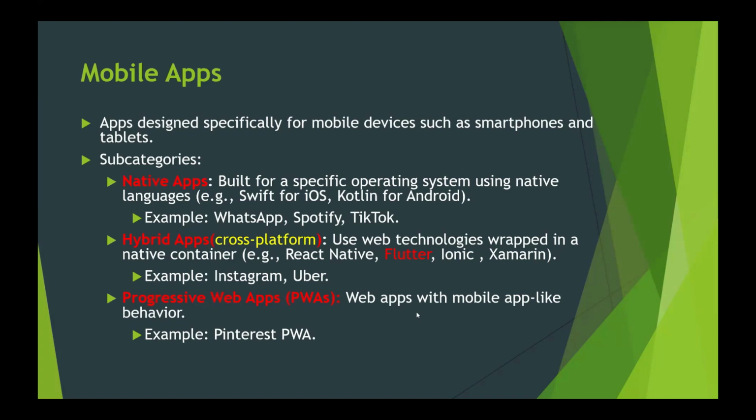Suppose in an e-commerce website all details were displayed without user interaction, that would be a static website. But when you select a particular product, the related information is fetched from the backend server and displayed in our browser.